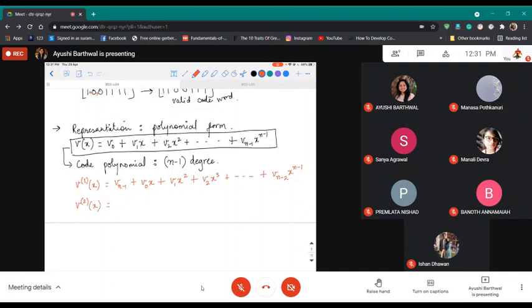Similarly, if you're shifting it by 2 bits, it would be Vn minus 2, Vn minus 1 x, V0 x square, and you will get Vn minus 3, x^(n minus 1).